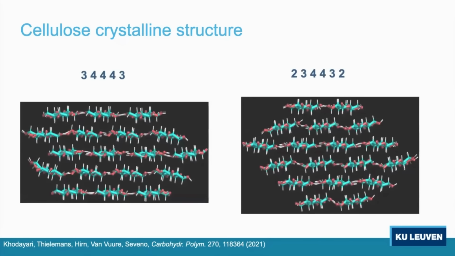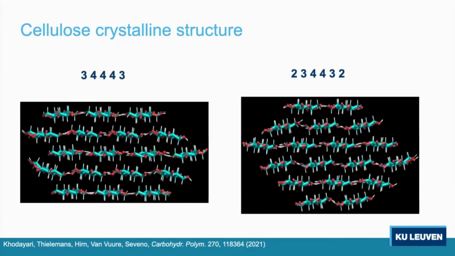Now there is a lot of controversy on what the exact crystal structure of the individual monocrystal is. So these are two other models that are currently being discussed, and it's a very hot debate in the cellulose community, as hot as it can get.